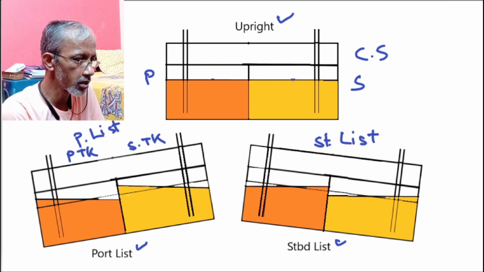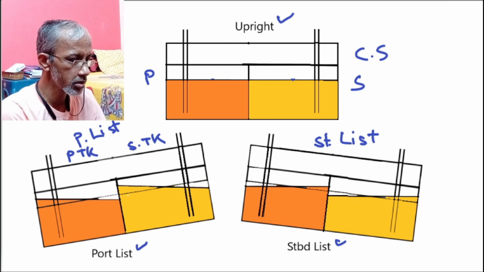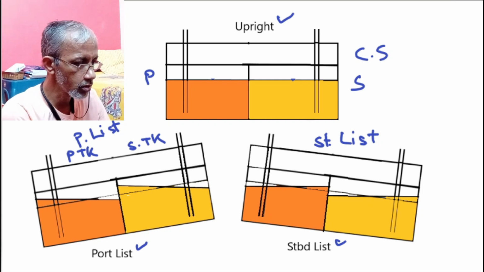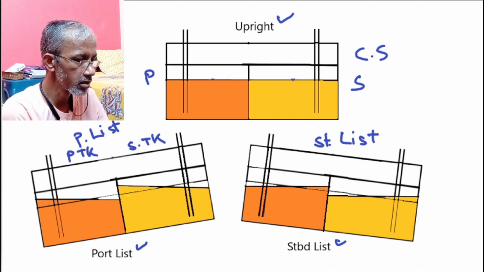ship gets listed either towards the port side or towards the starboard side, the change in the sounding in the port list condition would be an increase in the sounding, provided the sounding pipe is on the outboard side of the center line of the tank.